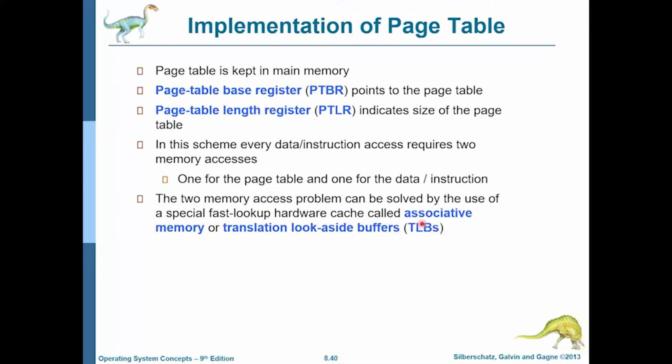So what the system can do is first look inside the TLB to see if a certain page table mapping is present. If it is present, then it will find the frame number from that TLB and directly go to physical memory and get its data or store the data. If it is not present in the TLB, then the page table in memory will be consulted, and it will go on from there. So in the next slide, we will see using a diagram how this works.